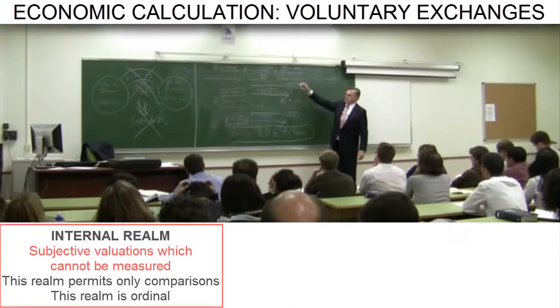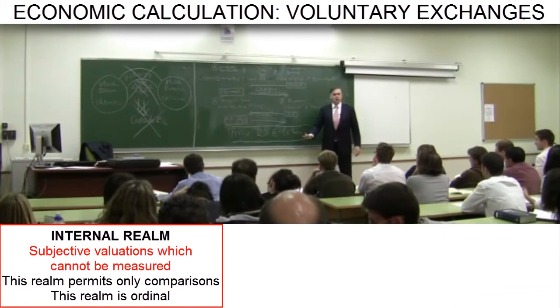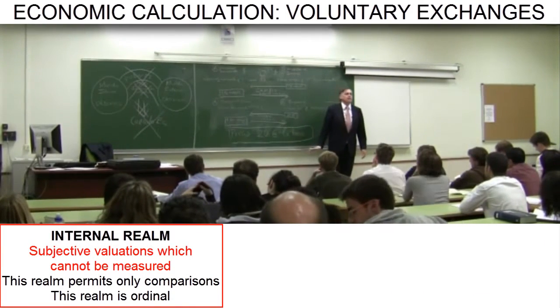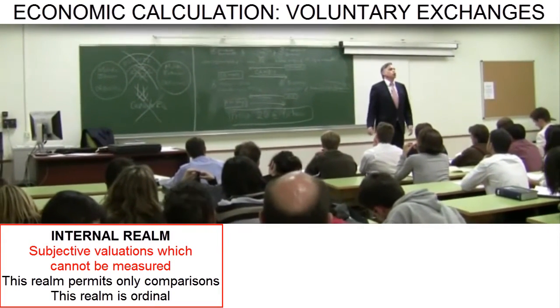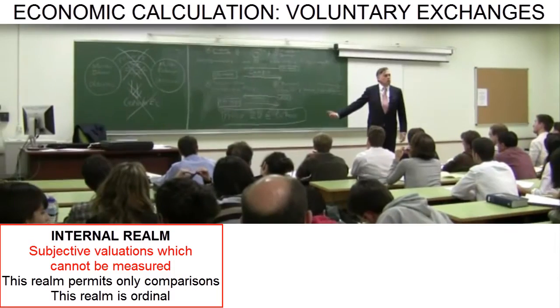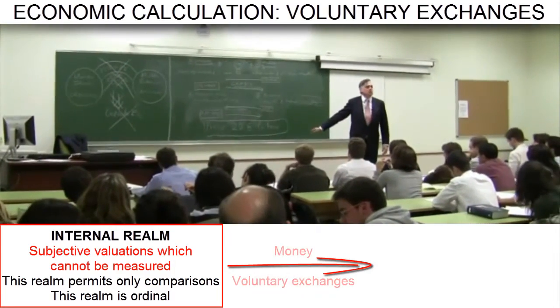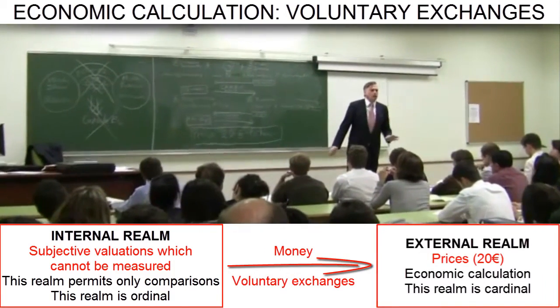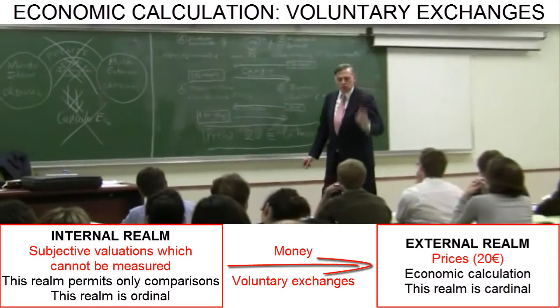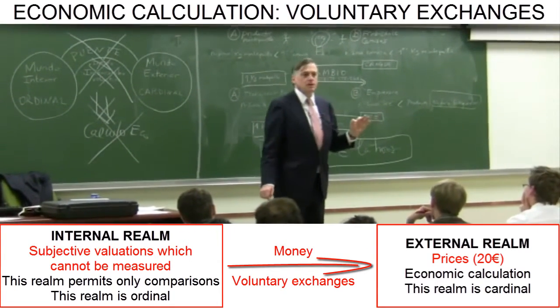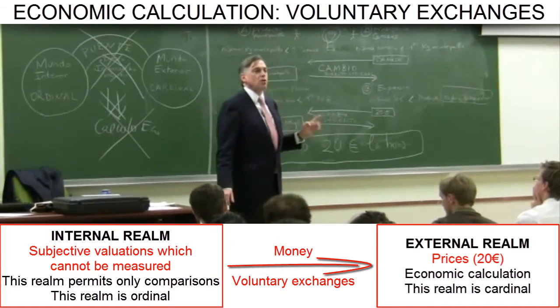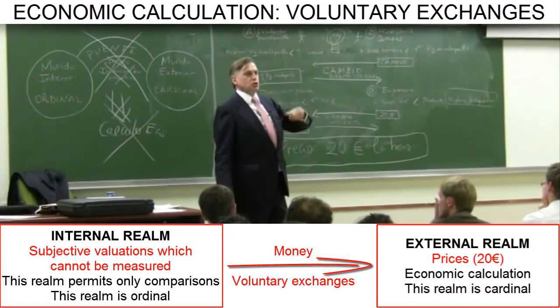And that is the marvel. Dear students, the marvel is that the whole thing starts with subjective valuations which cannot be measured, and yet, in the end, it takes the form of a number, the result of a numerical calculation, 20 euros. And that is an observable historical fact. In a certain place, at a certain moment in history, the price of an hour of work was 20 euros.